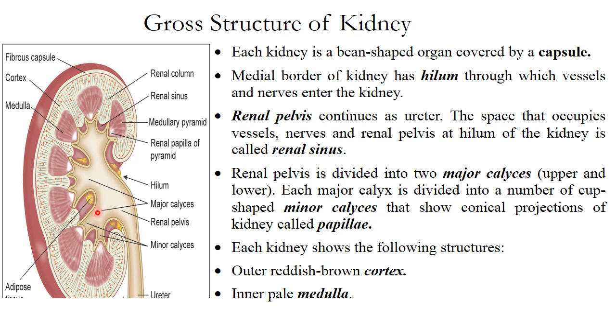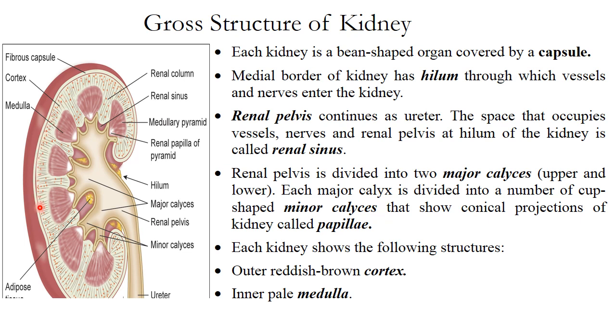So these are the major calyces, and the major calyces are then divided into minor calyces. So these are the minor calyces, and the conical projections of the kidney called papilla. Now these papillae open into minor calyces.